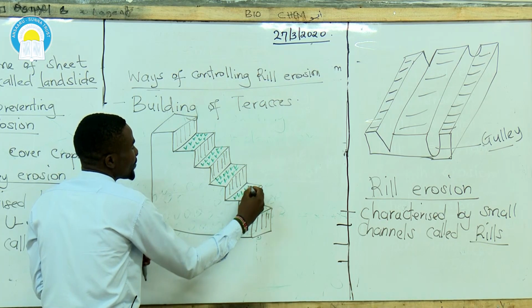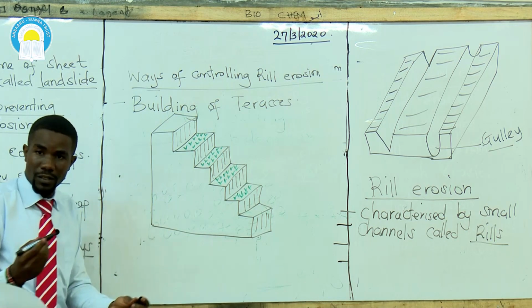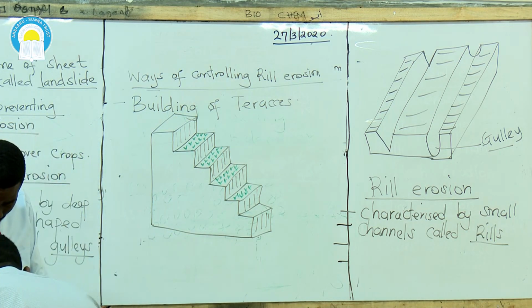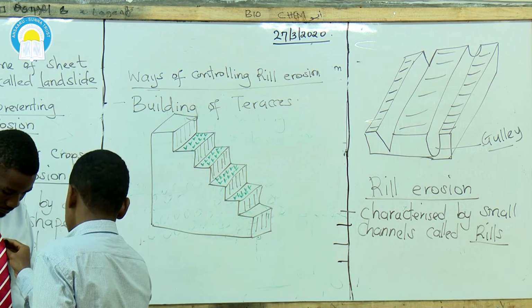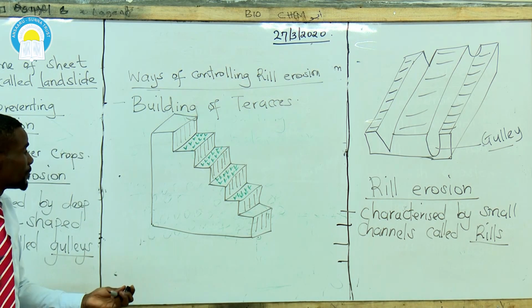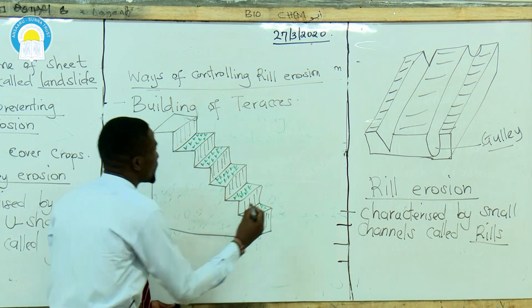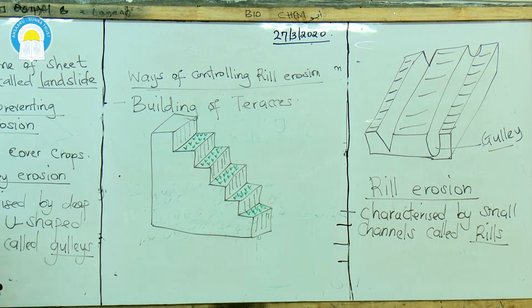Plant napier grass, so that is a terrace.